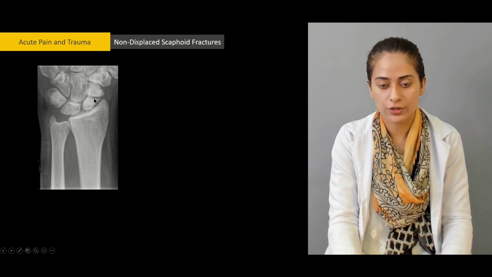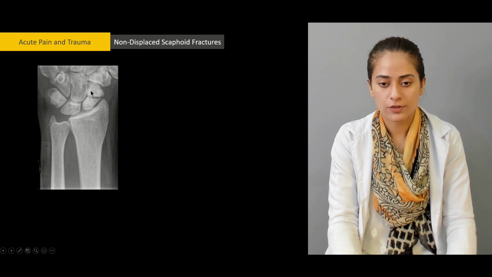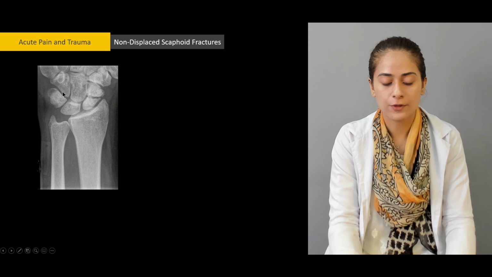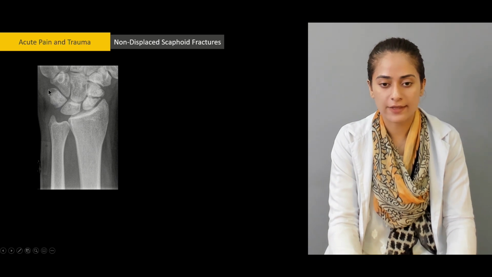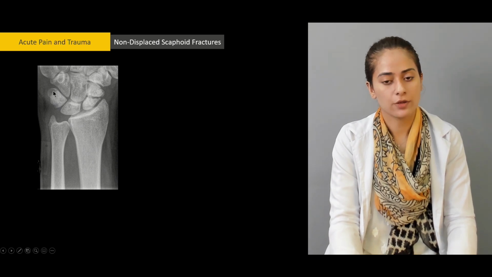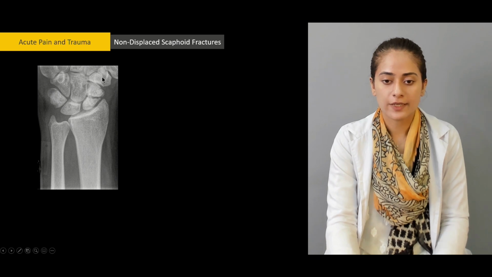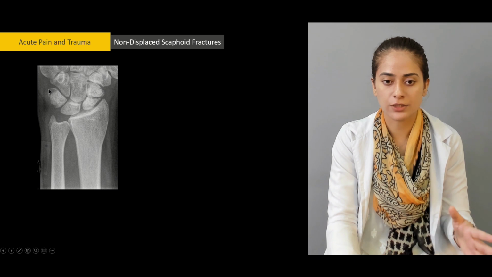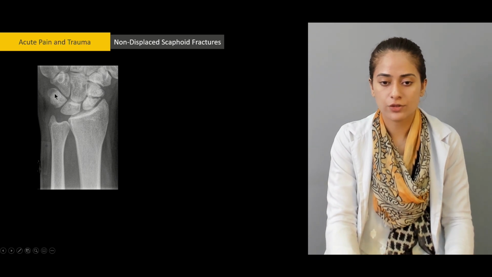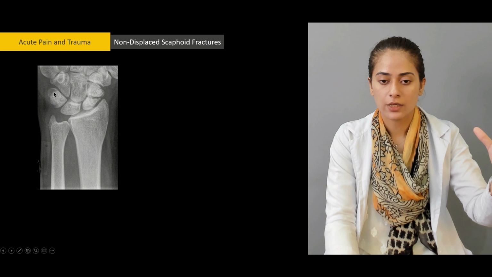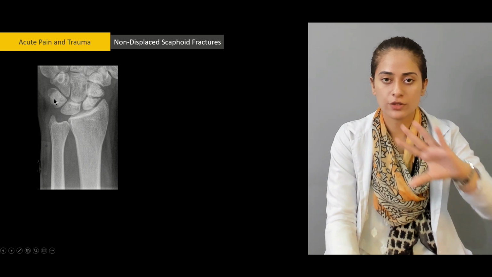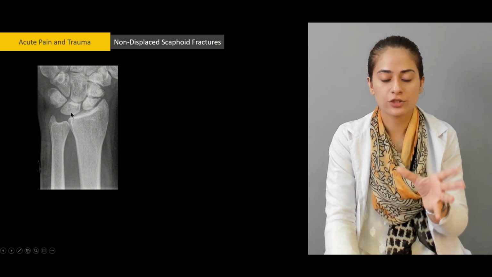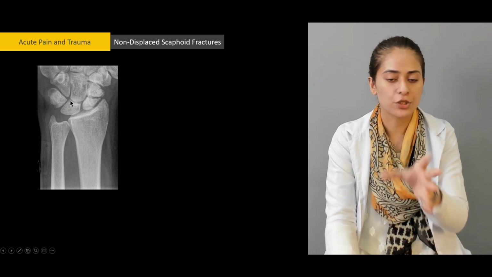Right now let's ignore this fracture line. Then we have the lunate, then the triquetrum, and then this small pisiform bone. We go from lateral to medial, right? We go from the radial side to the ulnar side. So these two are on the far medial side. These are two bones, but they are far medial. So this second proximal carpal bone appears to be in the middle.